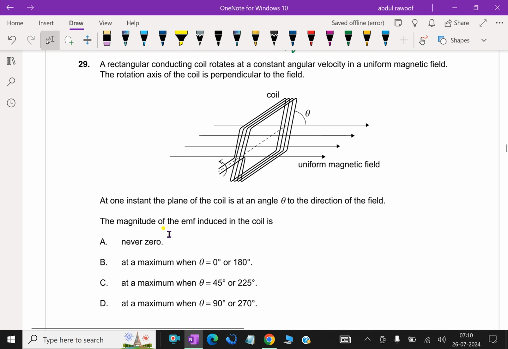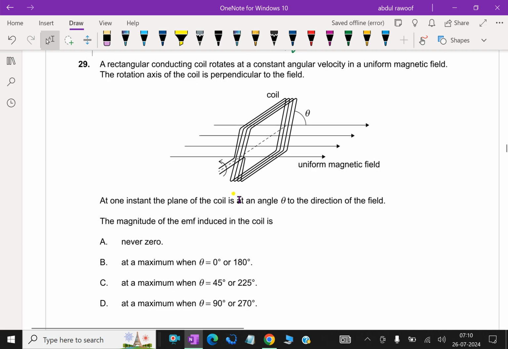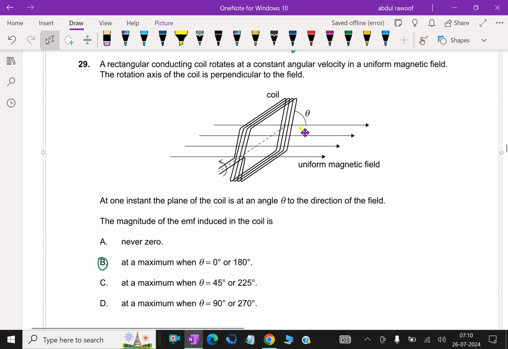The magnitude of the EMF induced in the coil is at a maximum when theta equals 0 or 180. That means the coil is rotating at theta equal to 0, and it cuts the maximum area of field lines of the uniform magnetic field. So this option is B.